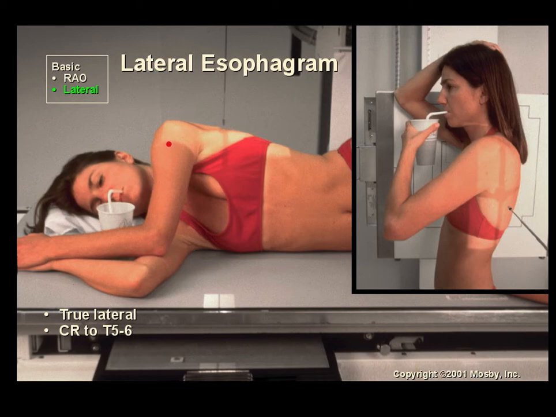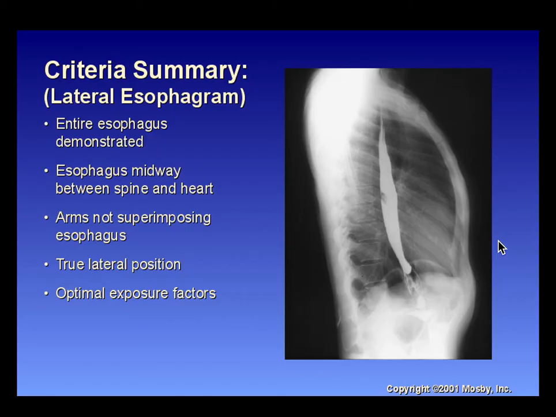Lateral esophagram. You are moving the patient's arms out of the way. If they're standing, make sure that they bring their arm out as much as possible, but they're still able to hold the cup and drink, sip and swallow as they're standing there, because you want to visualize the esophagus all of the way down filled with barium.